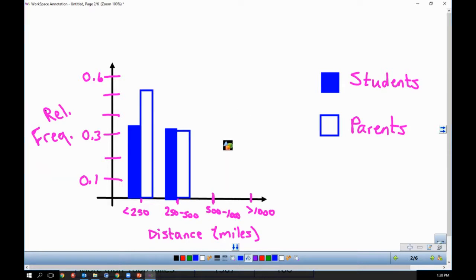Next category for students? 0.19. For parents? And then the last one for students. And parents is like 0.06.